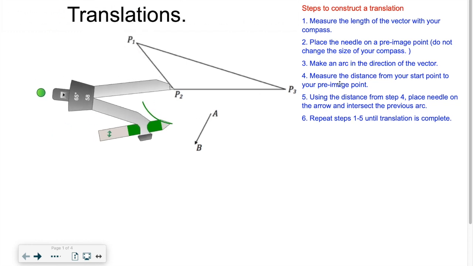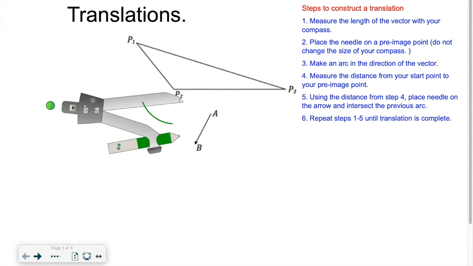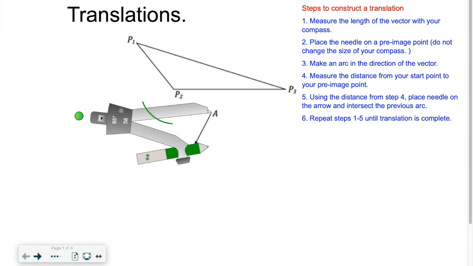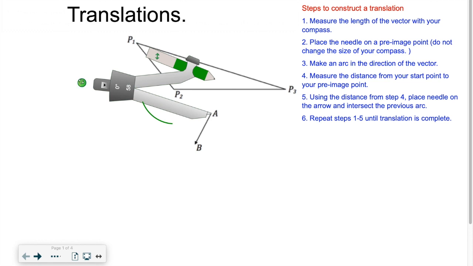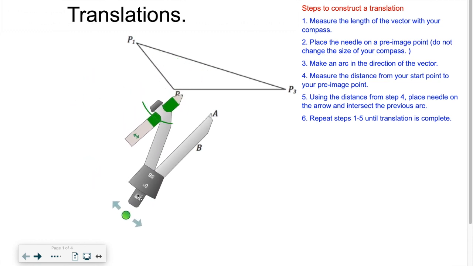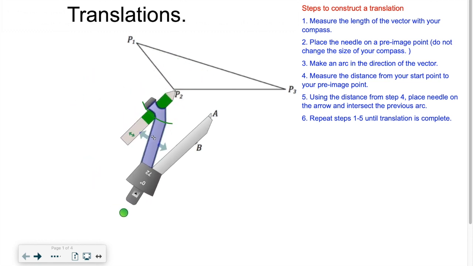Step 4, measure the distance from your start point to your pre-image point. So the starting point of the vector is here, and I want to measure the distance from there to the pre-image point. So let's measure this distance. Okay, that's my distance. Step 5, using the distance from step 4, place the needle on the arrow and intersect the previous arc.